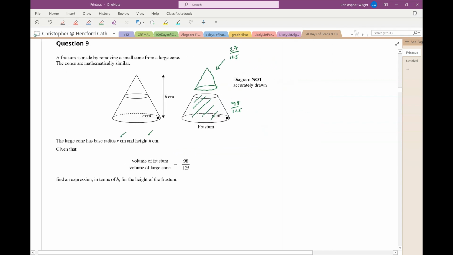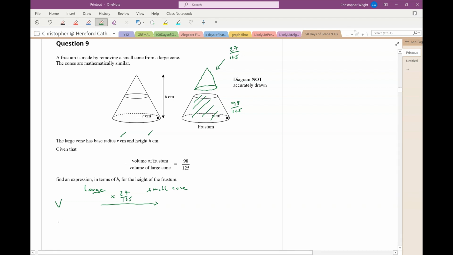So I would multiply by 27/125ths to go from the volume of the large cone to the volume of the small.